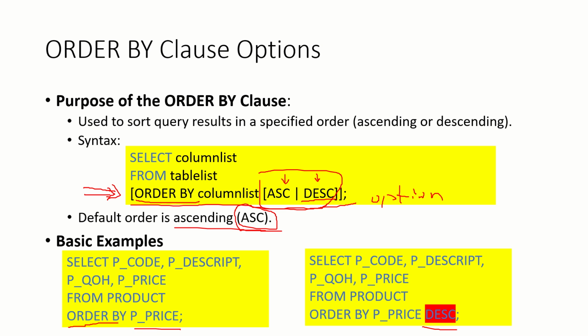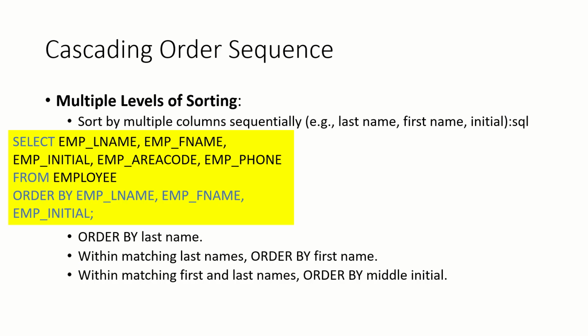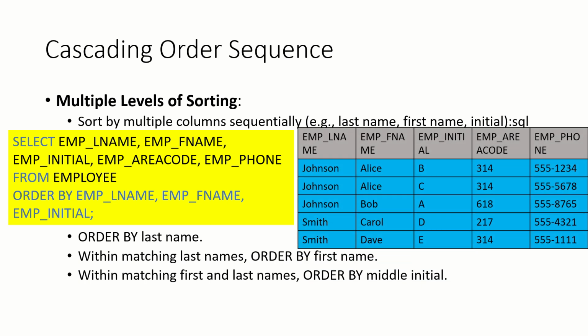But why do we use ORDER BY? Because ORDER BY provides multiple levels of sorting. So in this case, if people have the same first name, same last name, or same initial, how do we order?